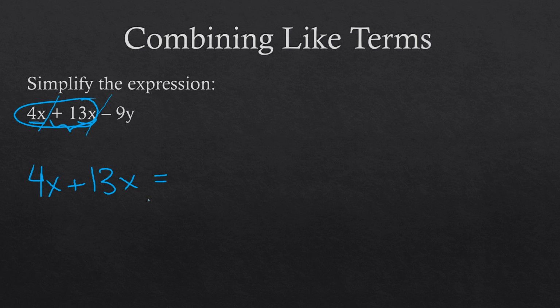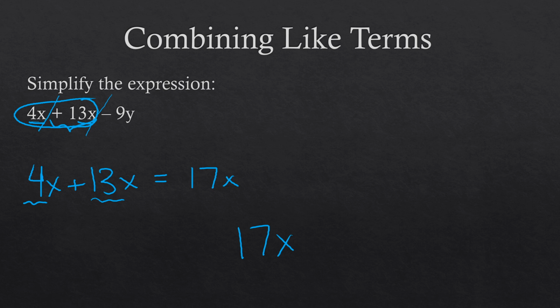So if I have 4 x's and I'm adding them to 13 x's, remember I can add my whole numbers. So 4 plus 13 is going to give me 17. And then I can't forget my variable x. Okay, so that means that this first part that I have circled here simplifies to 17x.